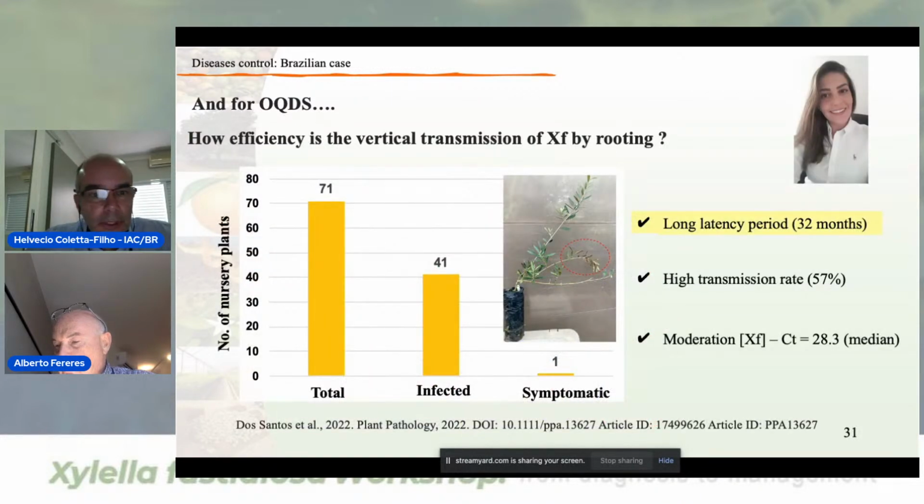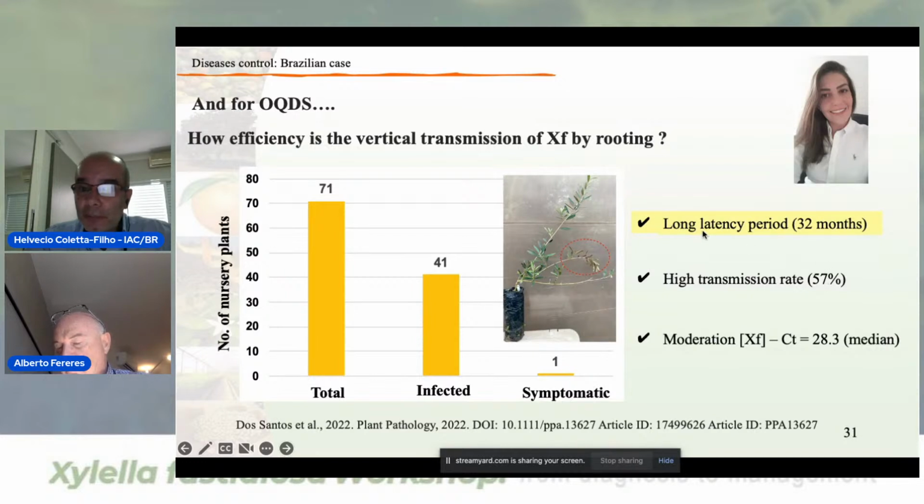Okay, we selected one plant in the field that was infected by Xylella but was not symptomatic, and we did rooting of different shoots, and saw that almost 57% of the nursery plants produced from the shoots taken from this infected plant were infected by the bacterium.